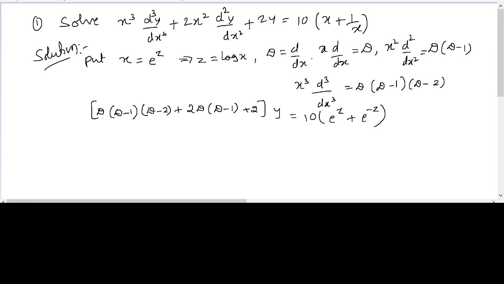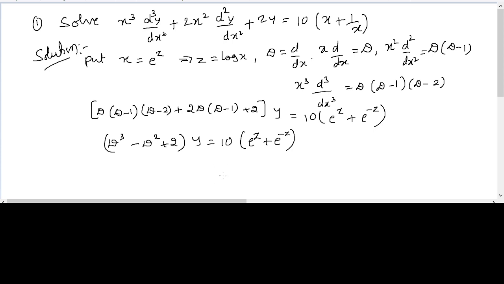Okay, so now I try to simplify the LHS. By simplification, we get D cube minus D square plus 2 of y is equal to 10 into e power z plus e to the power of minus z.